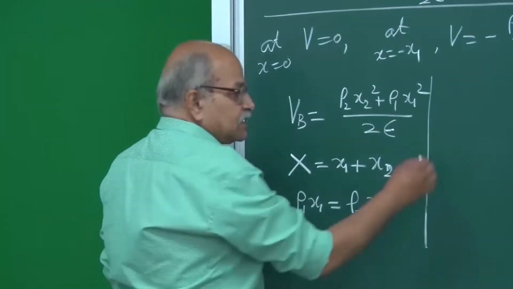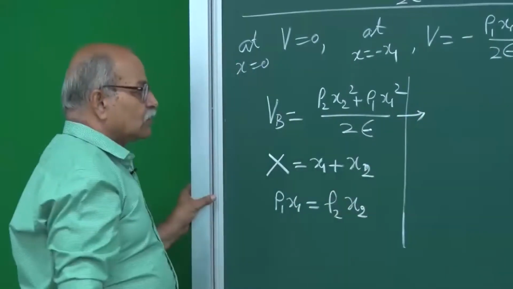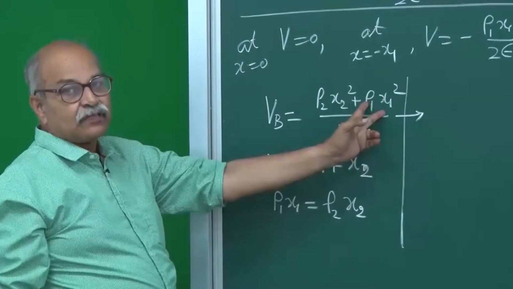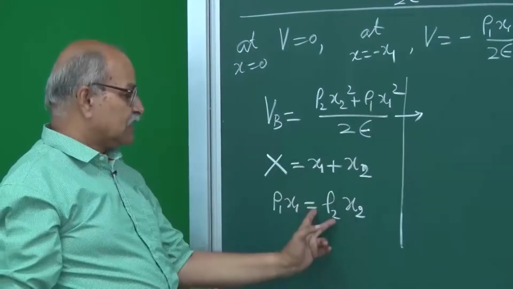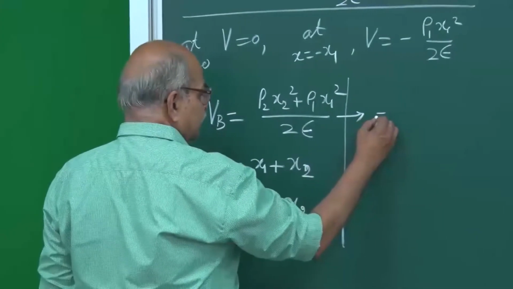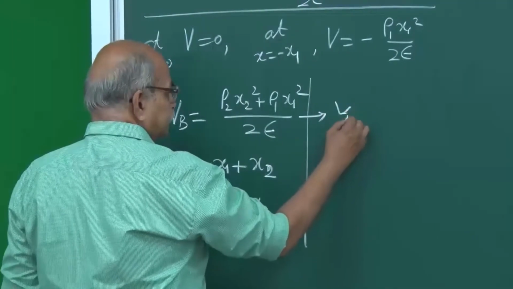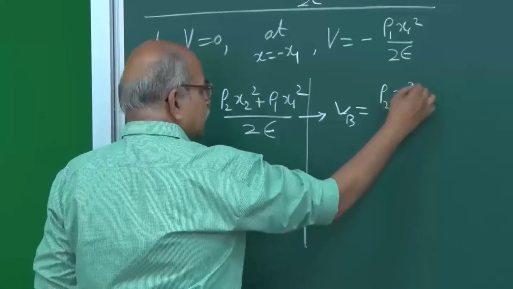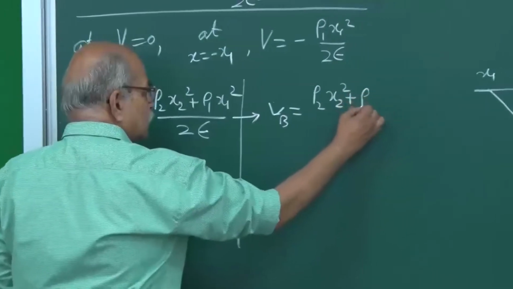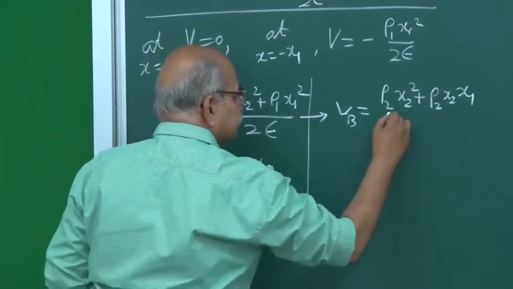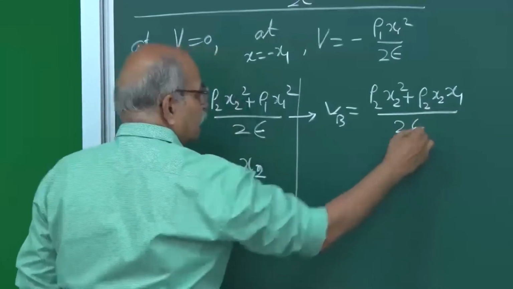From these we can write capital X in terms of VB, rho 1, rho 2, eliminating x1 and x2. So the first step is to write this rho 1 x1 as rho 2 x2. Use this equation here. So VB is equal to rho 2 x2 square plus rho 2 x2 and x1, right?